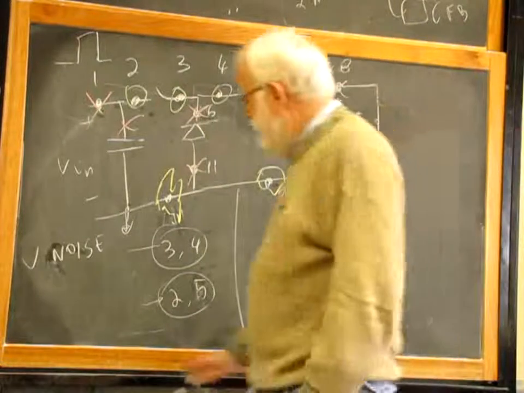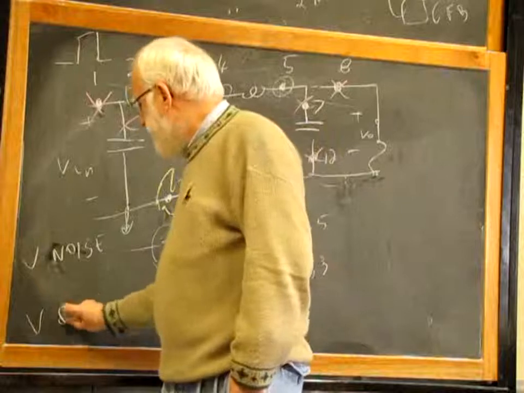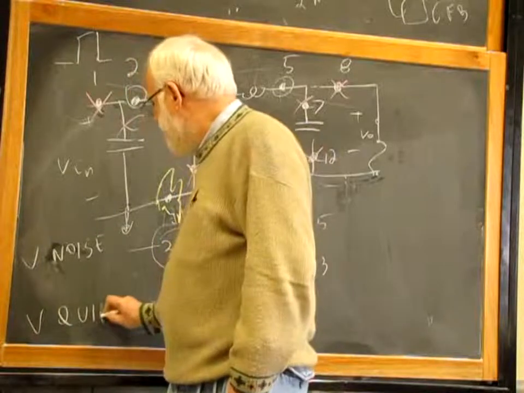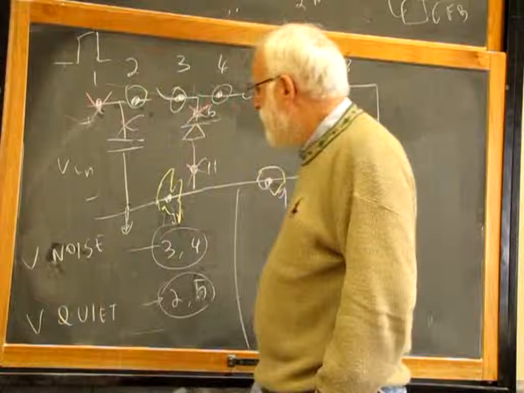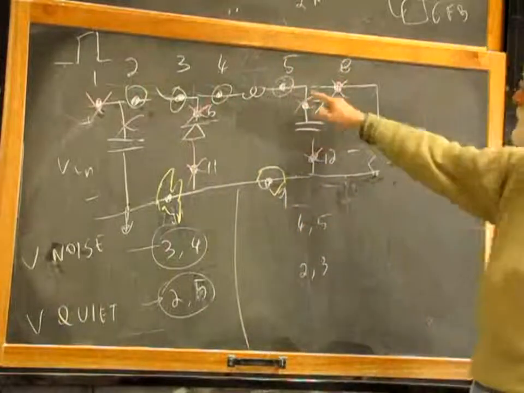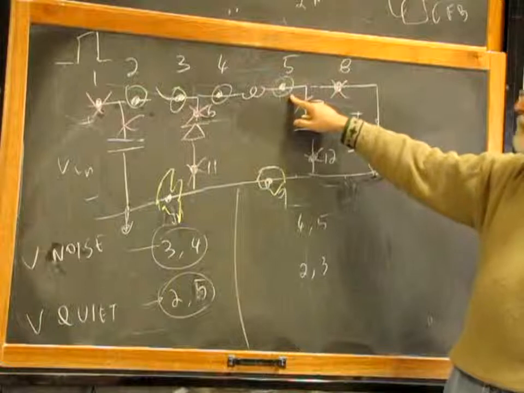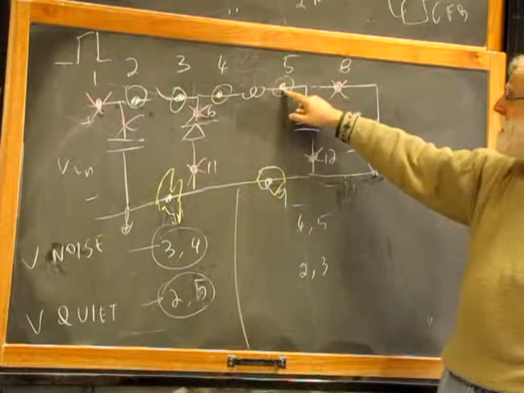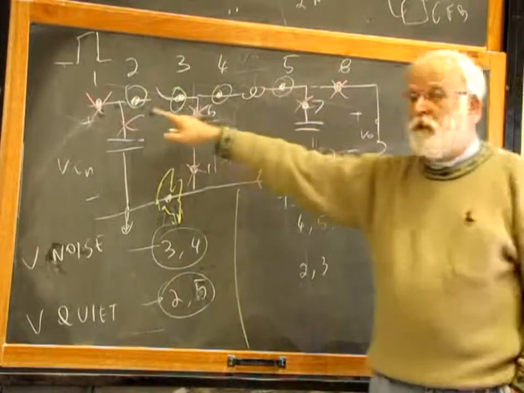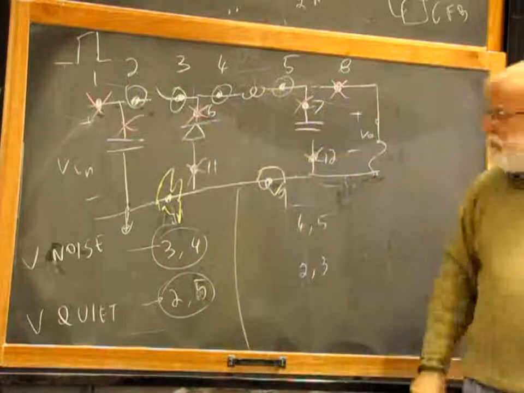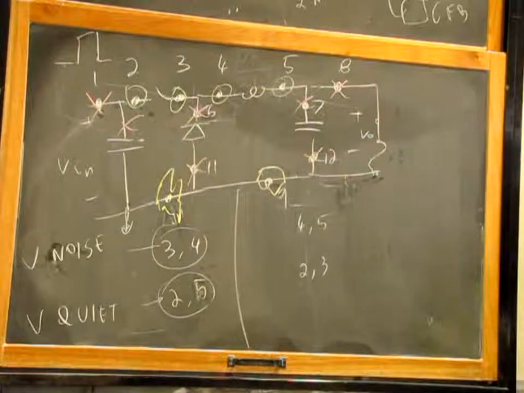So they are quiet. This section and this section are better if you want to measure the current, because here your voltage is constant, here your voltage is constant. Then we will still have an argument on it.